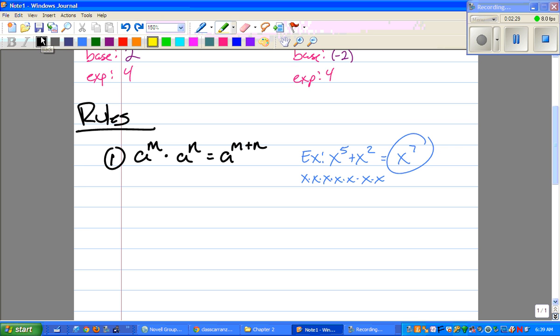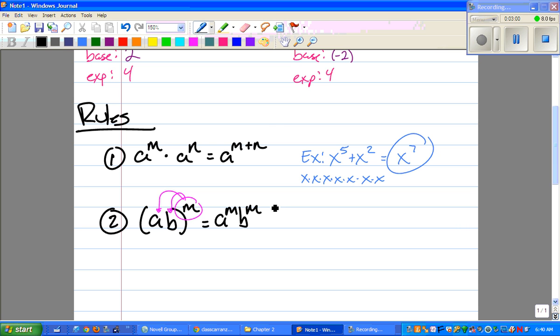All right, let's look at our next rule. If you have an exponent on the outside, you can take this guy and distribute it inside. So you would have a to the m, b to the m.